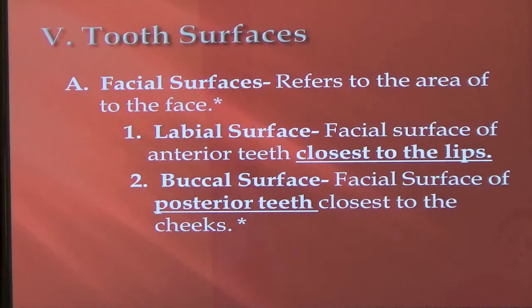On the anterior teeth, the labial surface is the facial surface. So again, this is all buccal, this is all labial. Labial in Spanish is lip. So labial, buccal, it's the same: it's just the side of the tooth that's closest to the face.